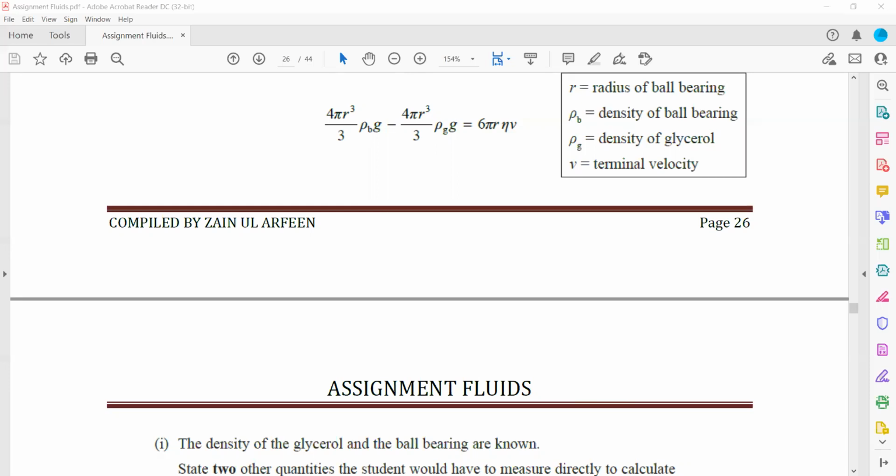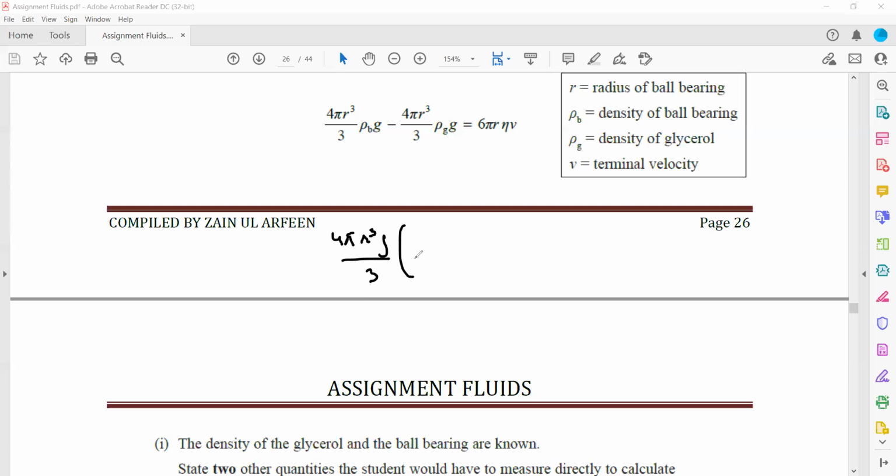First I simplify the equation and then I will plot a graph, one parameter on the y-axis and the other on the x-axis. If I take 4 by 3 pi r cube g as common, it will become 4 pi r cube g by 3.